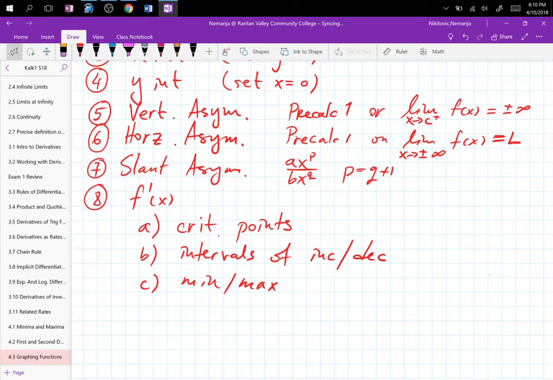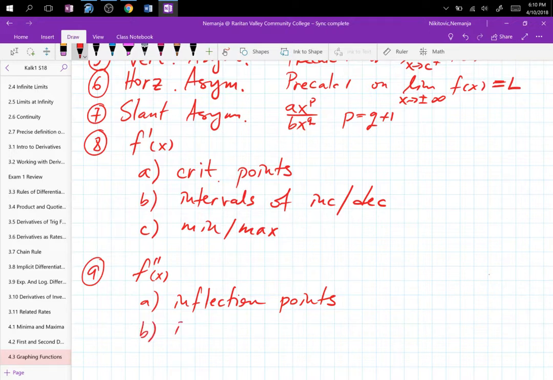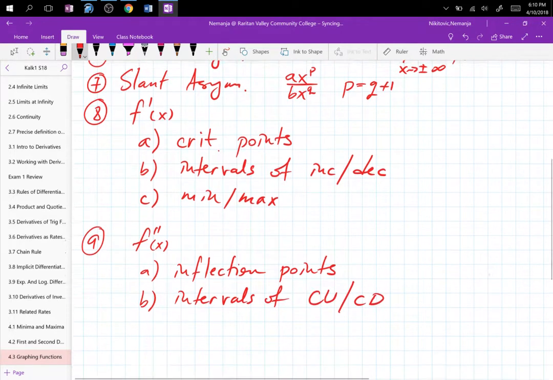So these are all the things that we can figure out from there. Number 9, the second derivative, gives us A, inflection points, and then B, intervals of concave up and concave down.